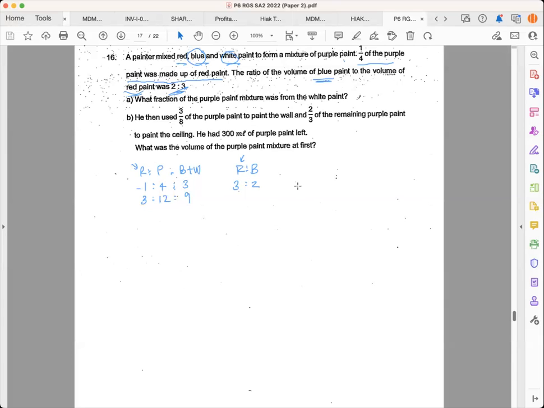So I have red is 3, purple is 12, blue is 2, white will be 9 minus away the blue. Okay, so 9 minus 2, 7. So let me summarize it. Red is 3, purple is, okay, maybe I shouldn't put purple here first.